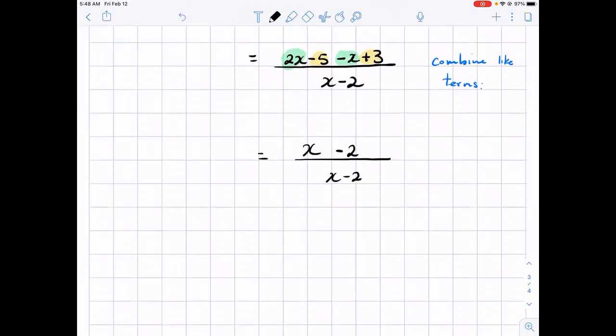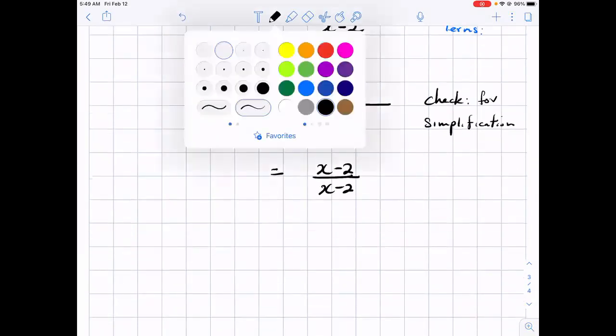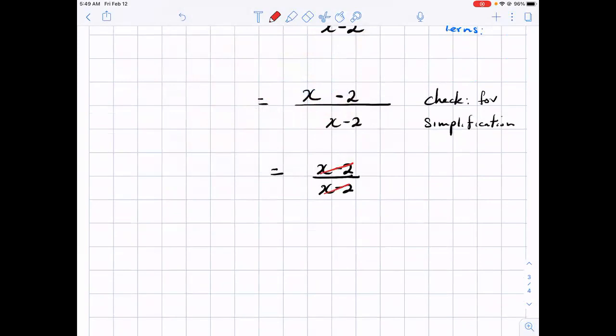And then we check for simplification. You will notice we have x minus 2 over x minus 2. So the denominator is the same as the numerator. So we can say that this will cancel with that. And we say cancel, but anything divided by itself is 1. So the answer here turns out to be 1.